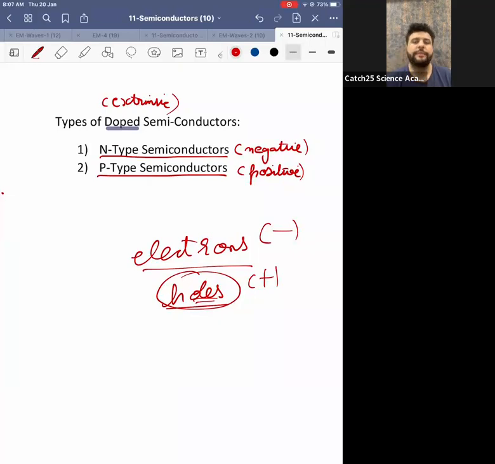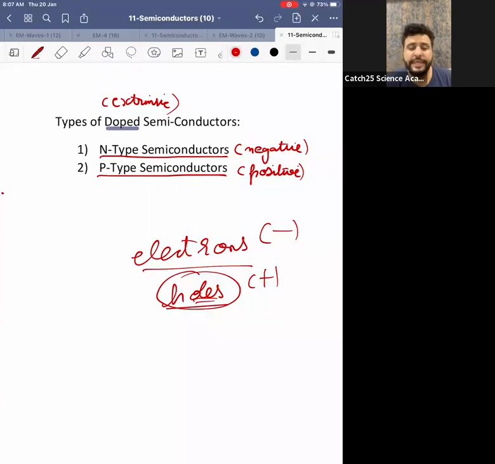It is only holes. That is the first concept you should know.